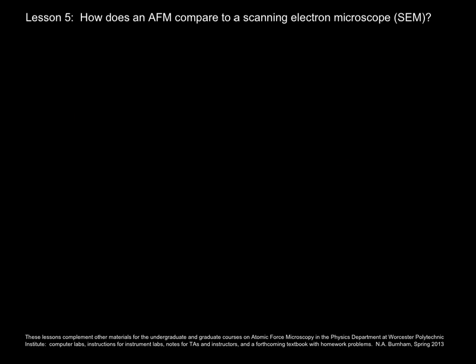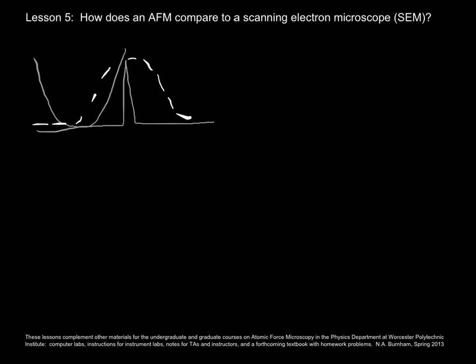Let's do a side-by-side comparison now. Let's say we have an AFM sample with a sharp feature in it, and here's our AFM tip and contact. Now think about how that tip is going to pass over that feature. The path it will follow will look like this, right? Because the tip has finite width.